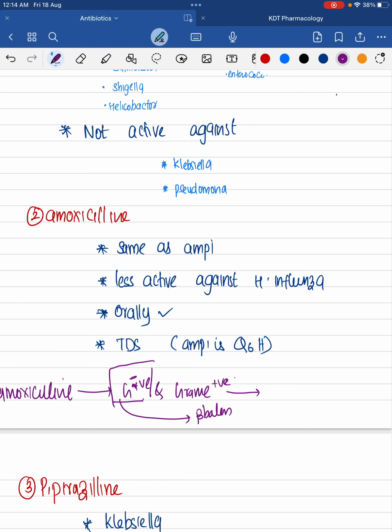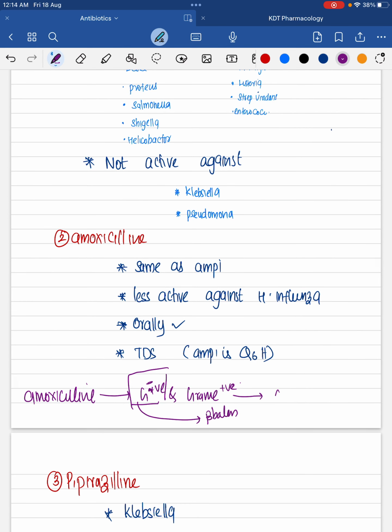So in short, amoxicillin became an antibiotic against gram positive. Why? Because beta lactamases are produced by gram negatives. So in the present era, amoxicillin will be acting mainly, not only but mainly, toward gram positive.